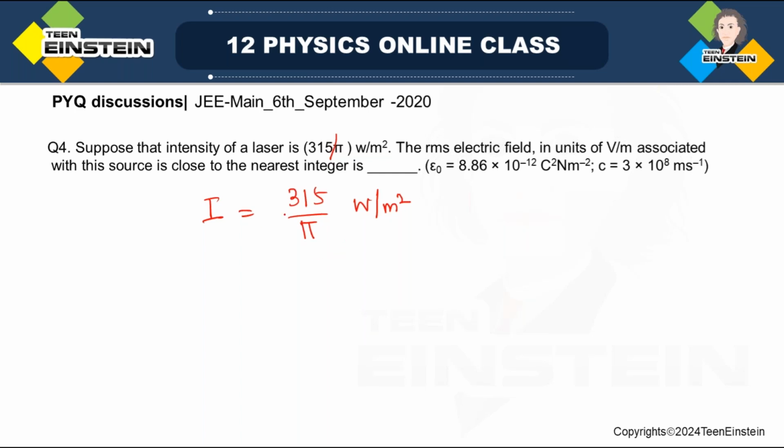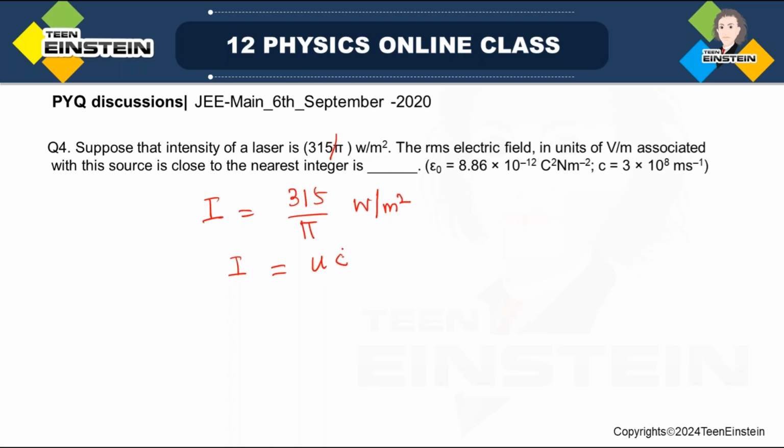And you know this intensity of light is related to the energy density this way. I is equal to U, energy density, into C, where C is the speed of light. This energy density can be written in terms of magnetic field or electric field.